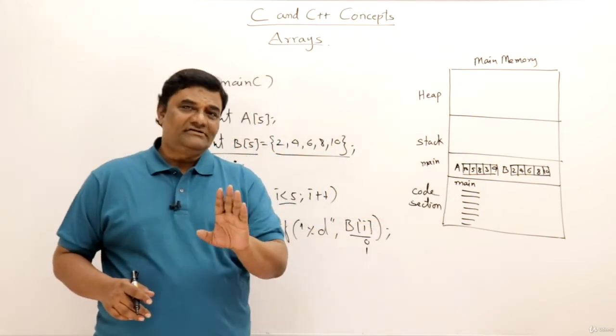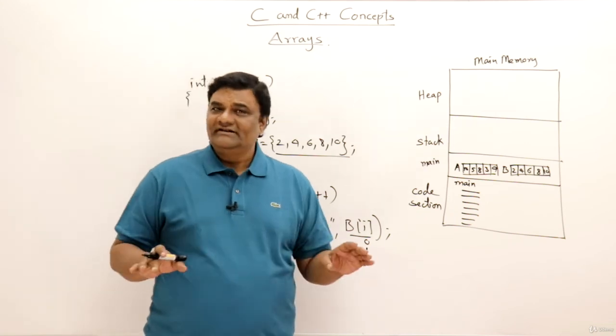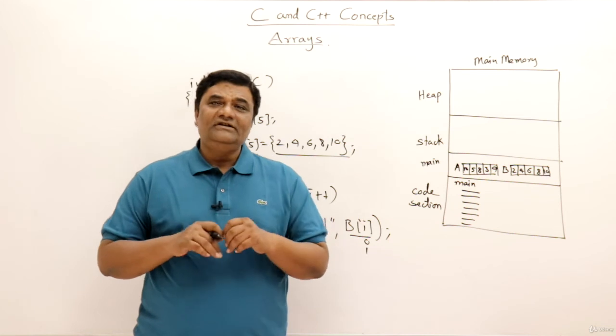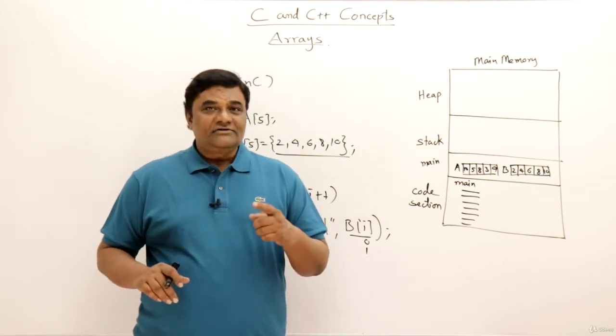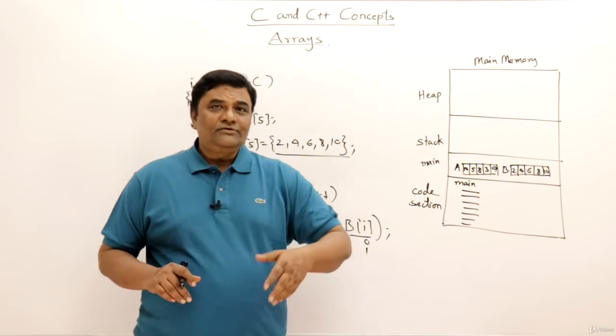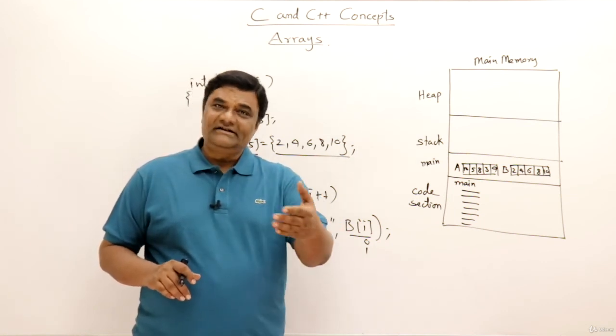This is sufficient for now because we have a lot to learn about arrays. There is a big section called arrays, where you will learn everything about them. So as a revision, I have discussed this much. That is sufficient. We have to learn about other topics. Let us continue in other videos.